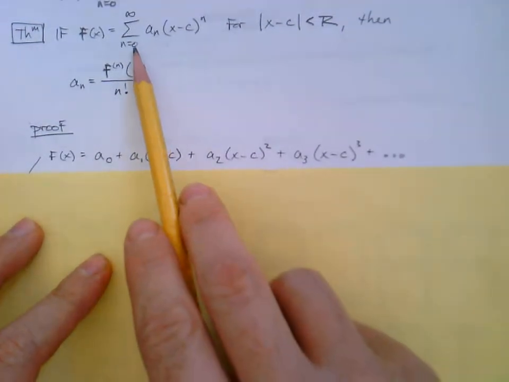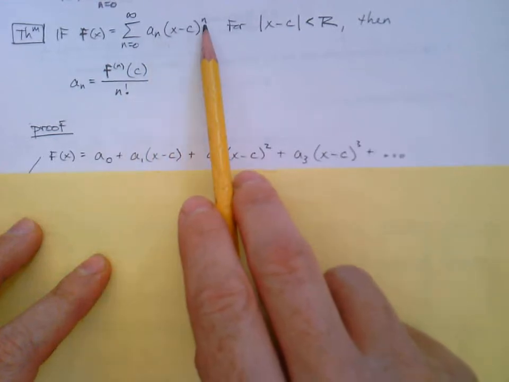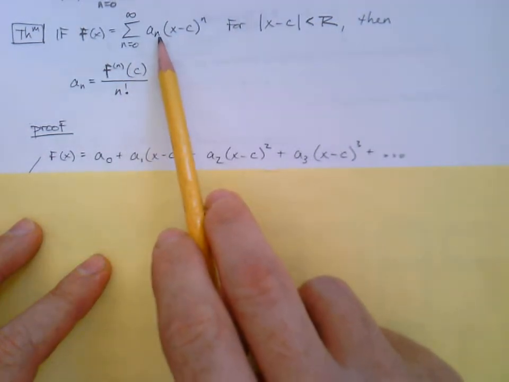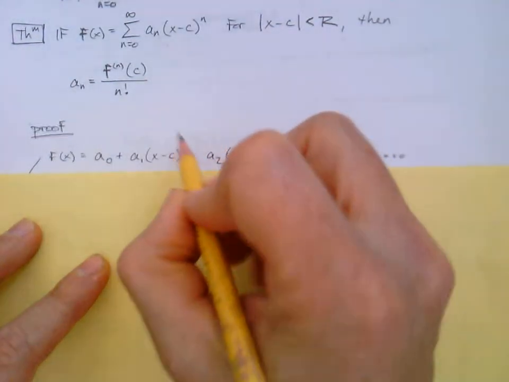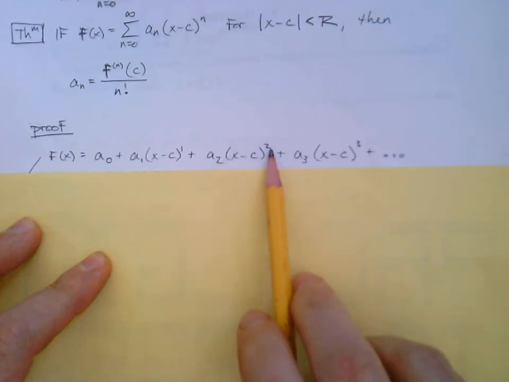If we take the 0 term, that's a0 times the quantity raised to the 0 power, which is just a0. N equals 1, that's a1 times the quantity raised to the first power. The second term is a2 times the quantity to the second power.